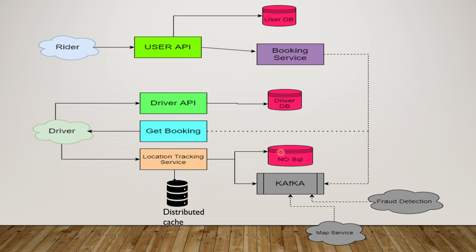Now why you should store it is not only because you need to map the driver to the rider and you should know the location, but also in future you can run queries on the route that the driver has taken or how the driver was going around throughout the day, so that you can detect some fraud that the driver is committing, or you can do a lot of analysis, apply some ML and AI on top of that to understand all those things.